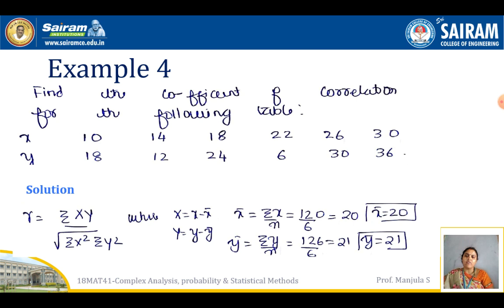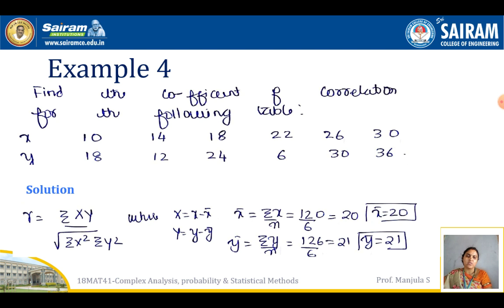Again the same formula we have to use, that is R equals summation of xy divided by square root of summation of x square into summation of y square. Capital X stands for x minus x bar and capital Y stands for y minus y bar. So x bar is nothing but summation of x divided by n, and y bar is summation of y divided by n. So that is 120 by 6, which equals 20.